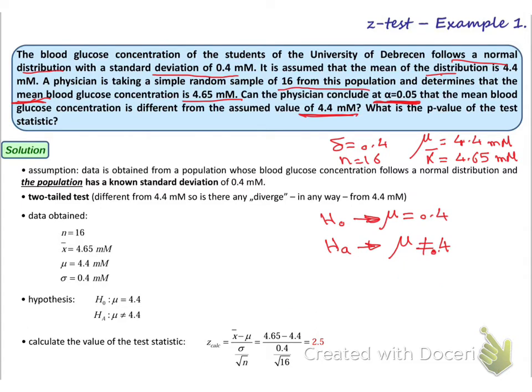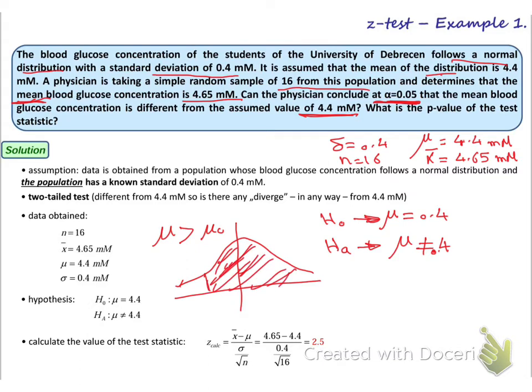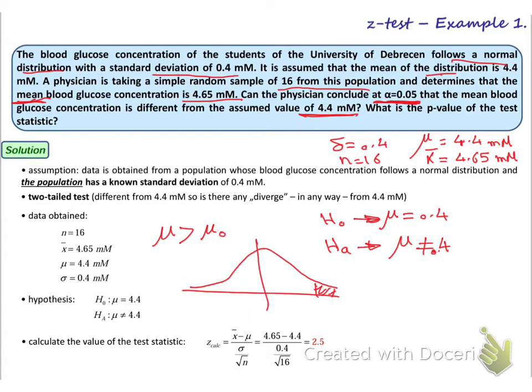If mu was greater than, for example, any number mu naught, I'll draw the distribution graph, and this is the mean. I'll say it's greater than, for example, this value or this area. So in this case, my rejection zone will be to the right because it will be greater than. So this will be my rejection zone.